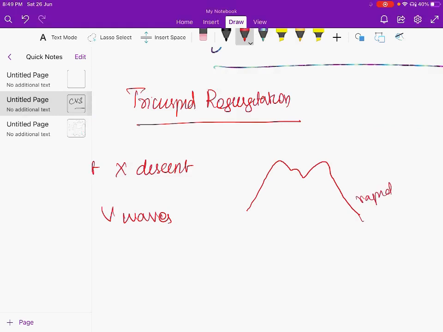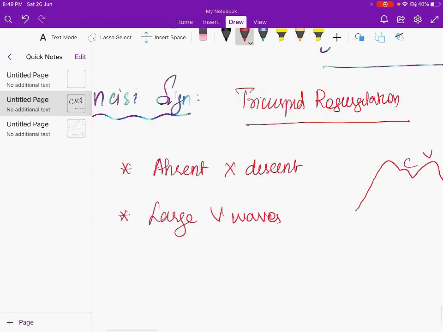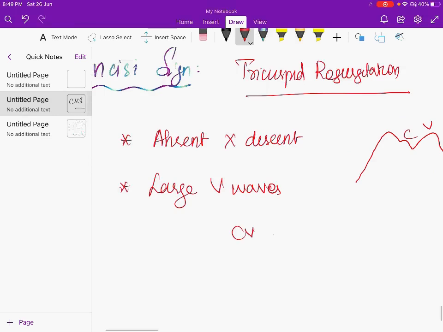There is a rapid Y descent. So we get a CV wave and a rapid Y descent.